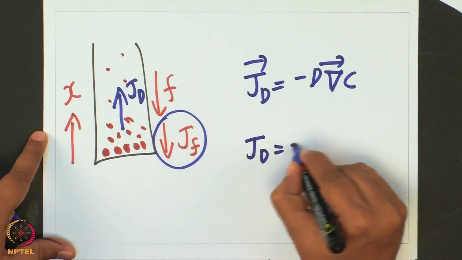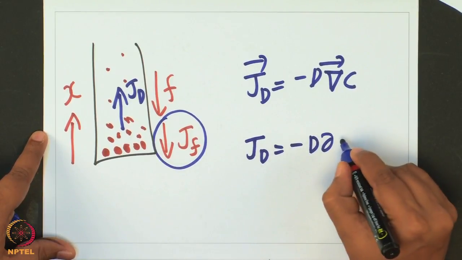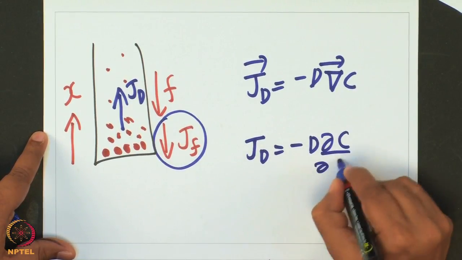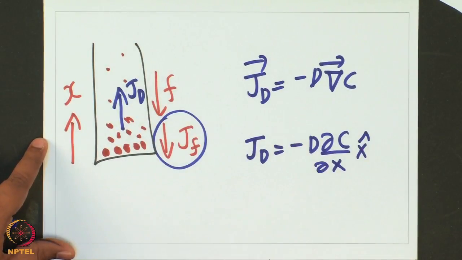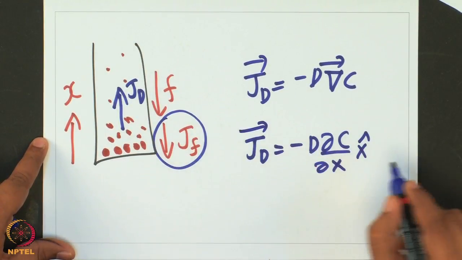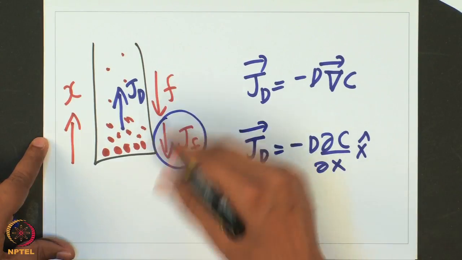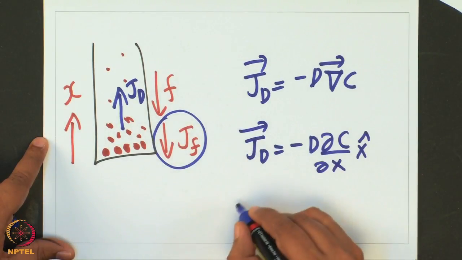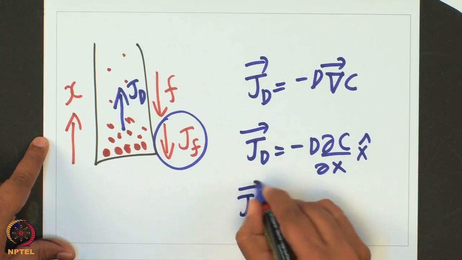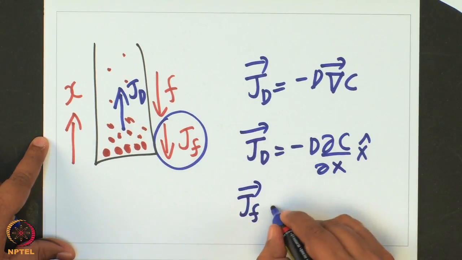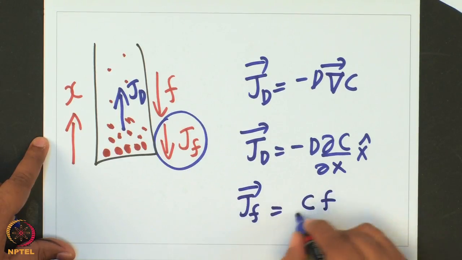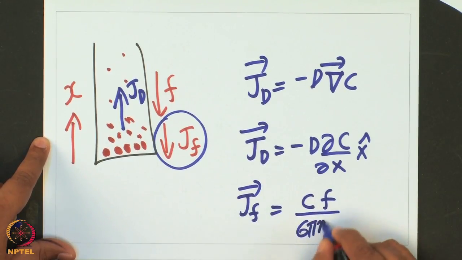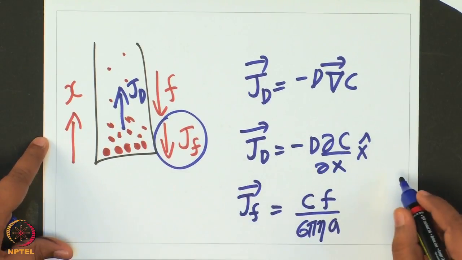So, let us write this minus D del C by del x along x cap, which is this way, and so this is the diffusing current, and the other one, the current downwards, which we already know, which is C F by 6 pi eta a.